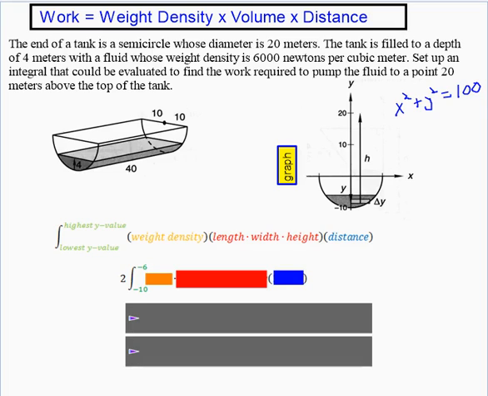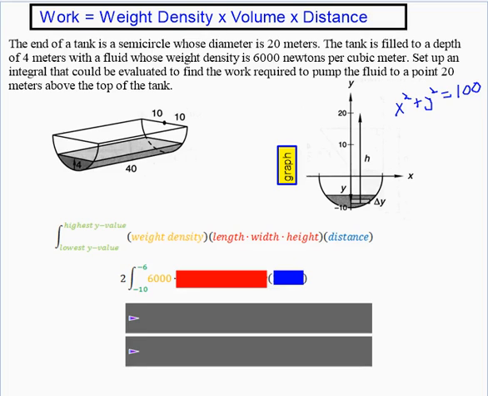Now plugging in the other stuff, our weight density is 6,000. The length, so our volume is next, the length is 40. The width changes. Again, the width is the x value. So once again, we want to solve our equation for the x value.